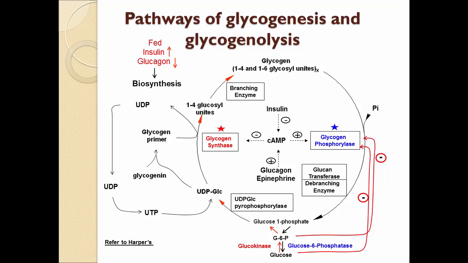So it can promote glycogen synthesis. In the fasting condition, when we have lower insulin and high glucagon, that will promote glycogen breakdown pathways, right? Just in general, how insulin and glucagon regulate glycogen breakdown or glycogen synthesis. The general regulation, right?